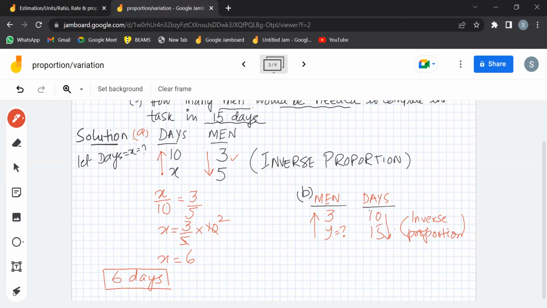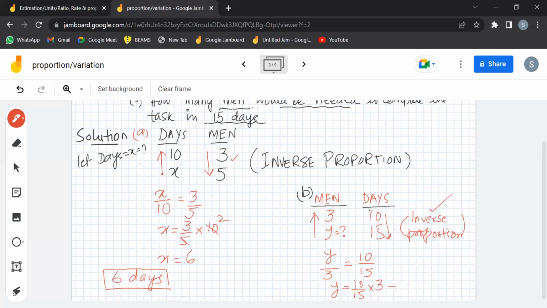So again, writing the proportion, y over 3. The simple rule is that the arrows should be in the opposite direction for the inverse, and for the direct proportion, the arrows are in the same direction. Y over 3 is equal to 10 over 15. So y is equal to 10 over 15 multiplied by 3.